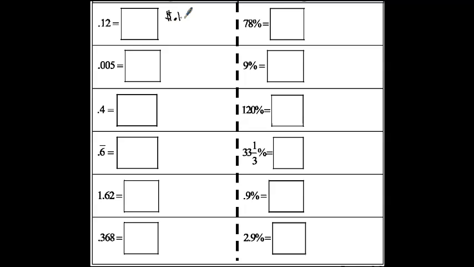So I want to think of 12 cents giving me 12%. I move it 2 places to the right, and I get 12 cents, giving me 12%. This will always help you to estimate your answer.